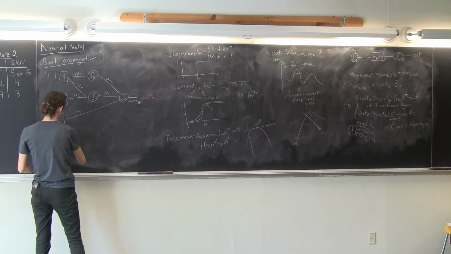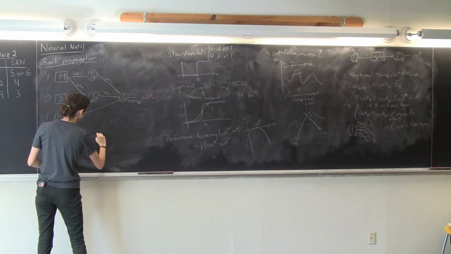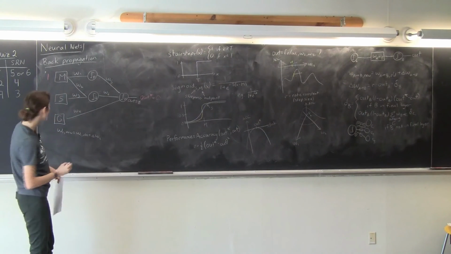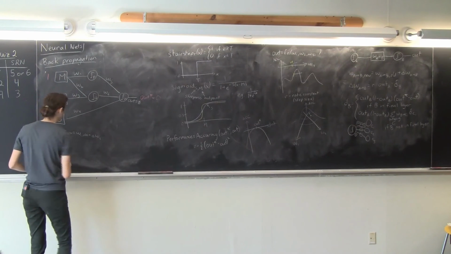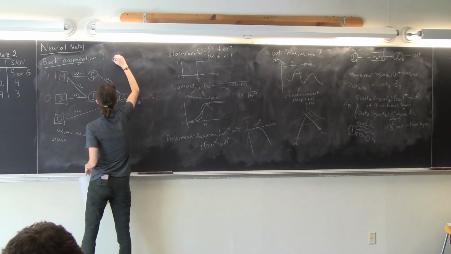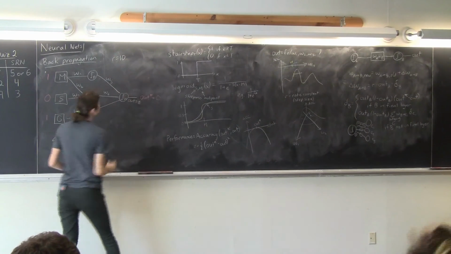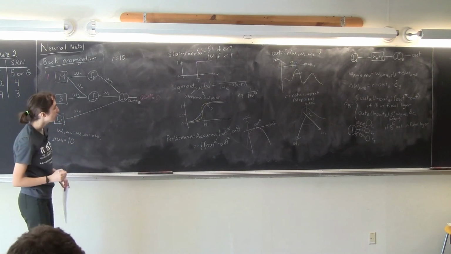So we want the new weight for weight 1. So we can say W1 new will just be the old weight plus the change in the weight. And then we need to know the change in the weight. In this case, we're given some rate constant. Let's say that we're told R is equal to 10. Then we would have 10 as our rate constant.